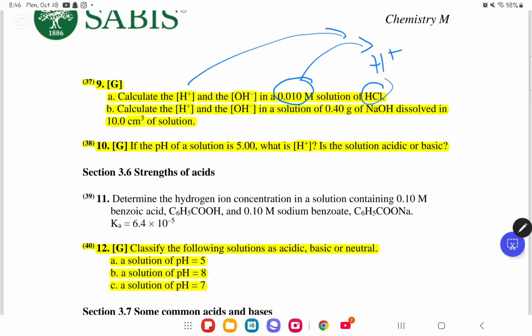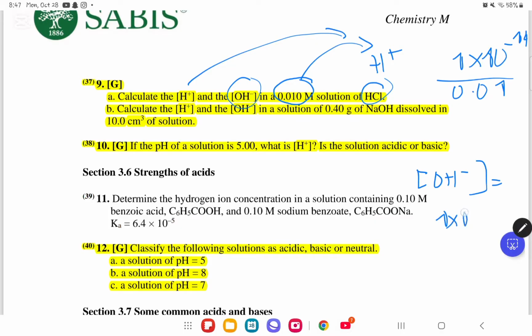Now the concentration of OH minus ions is 1 times 10 to the negative 14 divided by 0.01. We're going to get that the concentration of OH minus is 1 times 10 to the negative 12.